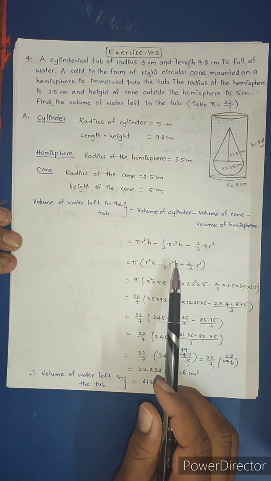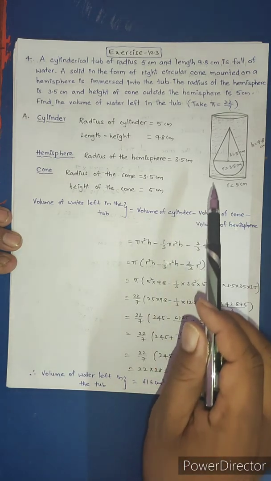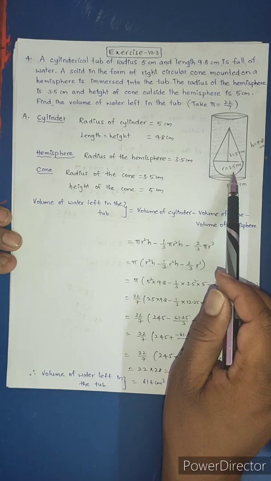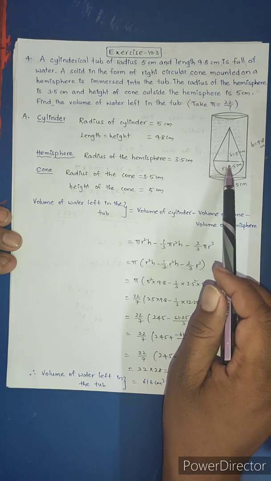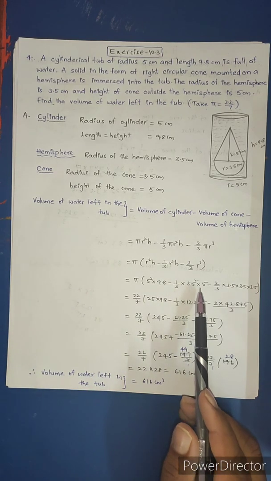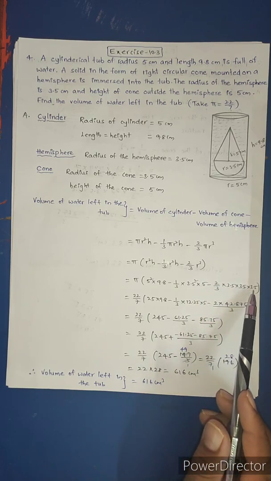What is this r? Volume of cone: the radius of the cone and hemisphere is the same because these two are surmounted on each other. So 3.5 square into h minus 2/3 into 3.5, 3.5, 3.5.